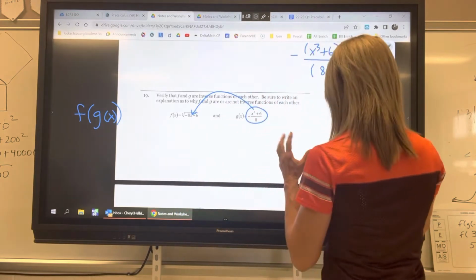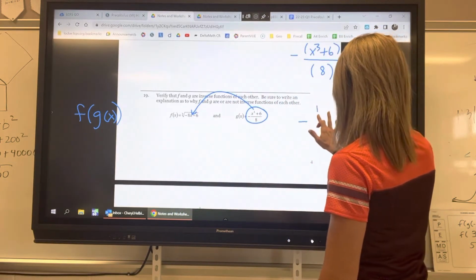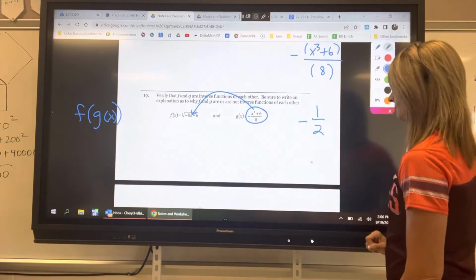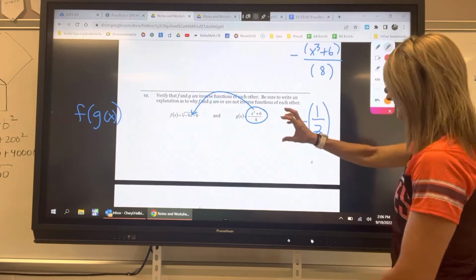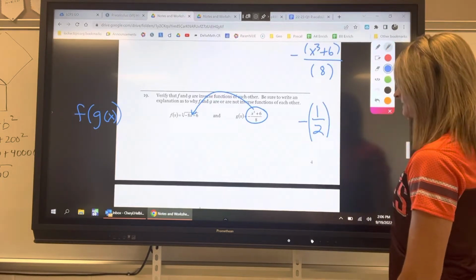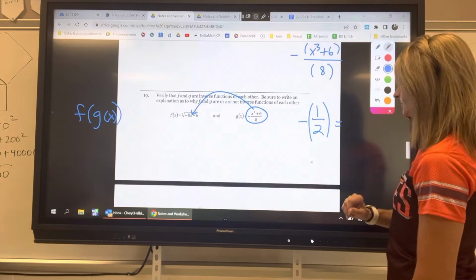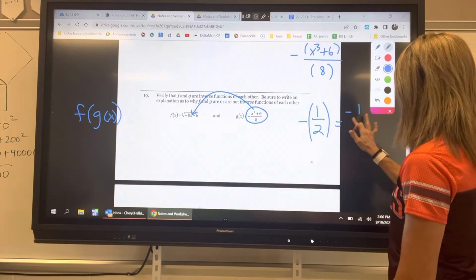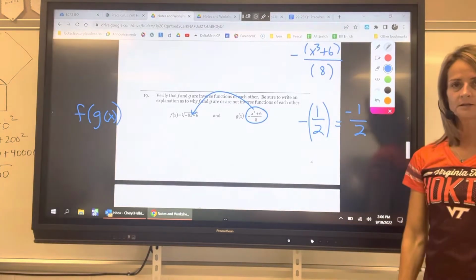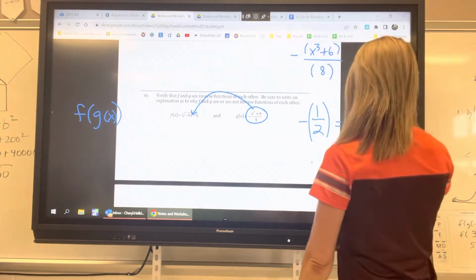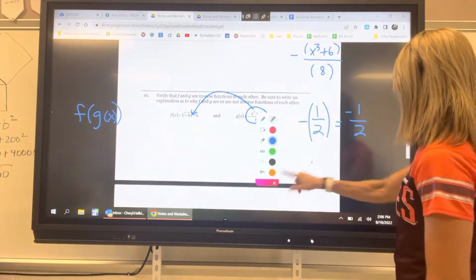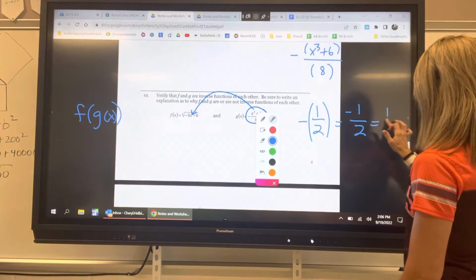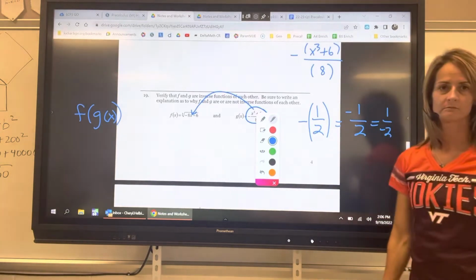So you can think of this as, if I put negative in front of a 1/2, right? That's like negative times the 1/2. That is the same thing as if I wanted to distribute the negative to the numerator, it'd be negative 1/2, right? It's also the same as if I wanted to distribute the negative to the denominator, 1/2. It's all the same thing, okay?